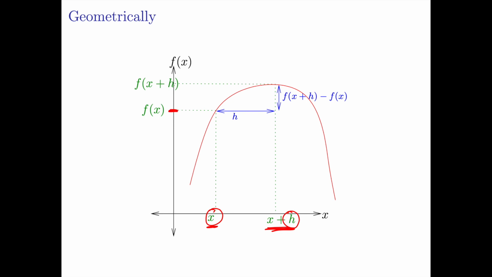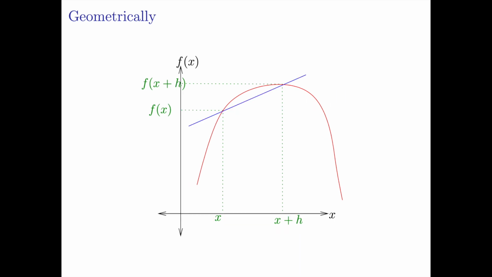The value of f at x plus h is this much. So we are going to then look at this point here. So x, f of x, and we're going to look at this point x plus h, f of x plus h. We get this point right here. So if we were to draw a hypothetical line between the two, the slope would be f of x plus h minus f of x divided by h. So it would be the slope of this line.